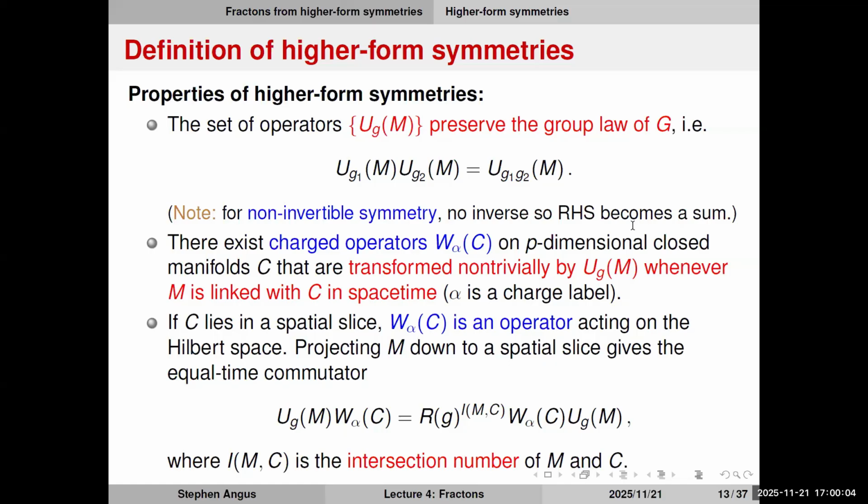So the closest you can get is g times a kind of pseudo-inverse of g is the identity plus some other stuff. That is the case, I think, in anyons and some exotic systems in low dimensions. And in such a case, the right-hand side would be a sum of elements.